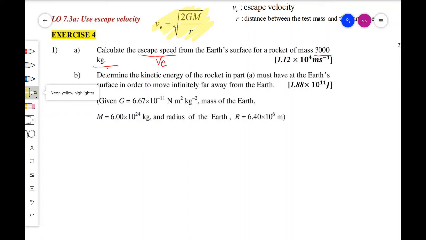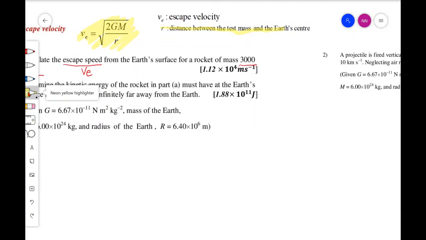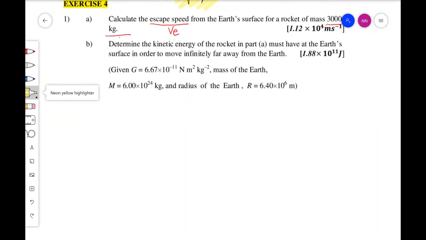Point mass dalam soalan ni adalah Earth. And then r is the distance between the test mass and the Earth center. Okay, sampai center of Earth.